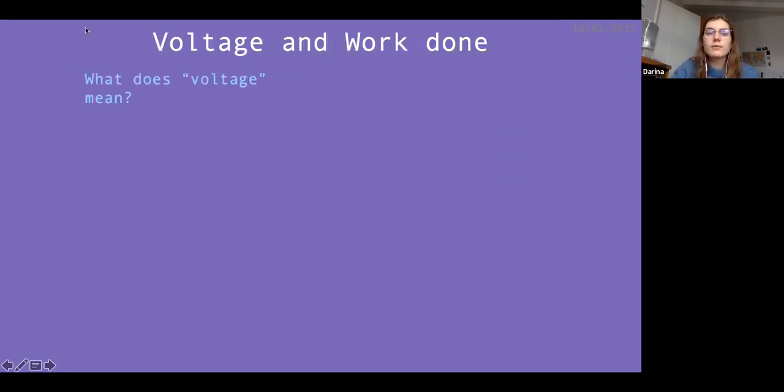Okay, so a bit of recap on voltage. Let's remember what voltage means before jumping into how it works in series and parallel circuits. So what does voltage mean? Can you provide me with any kind of definition for it? What's the definition of voltage?